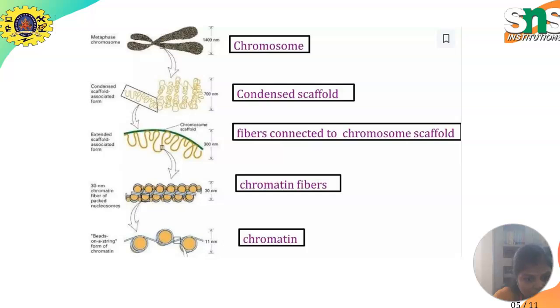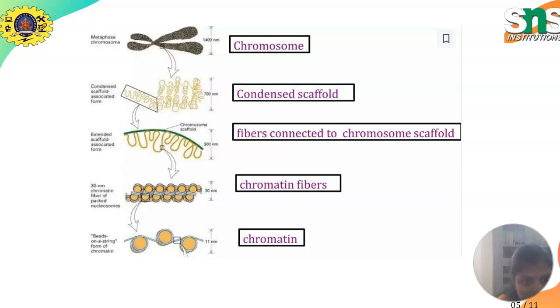And then the DNA is composed of the chromosome, condensed chromatid, fibers connected to the chromosome scaffold, chromatin fibers and chromatin. The chromatin, in the beads-on-a-string form, has a length of 11 nanometers, and the chromatin fibers are 30 nanometer fibers of packed nucleosomes. The fibers connected to the chromosome scaffold are in an extended scaffold-associated form.